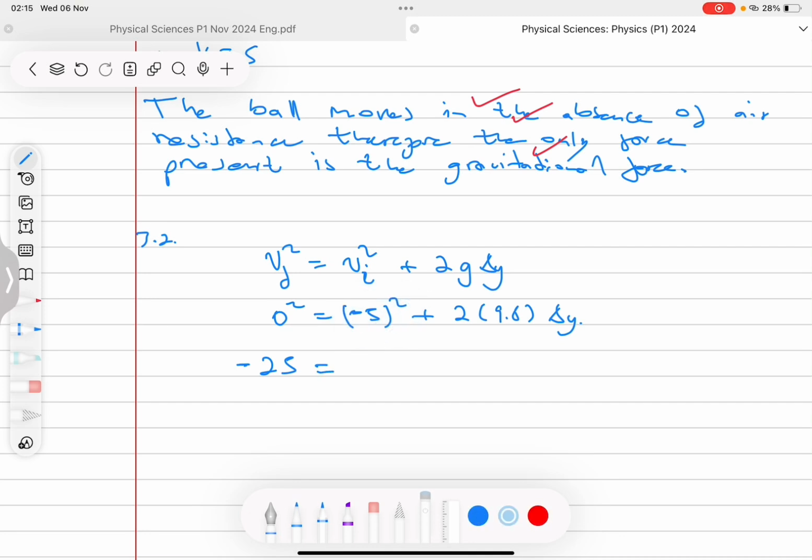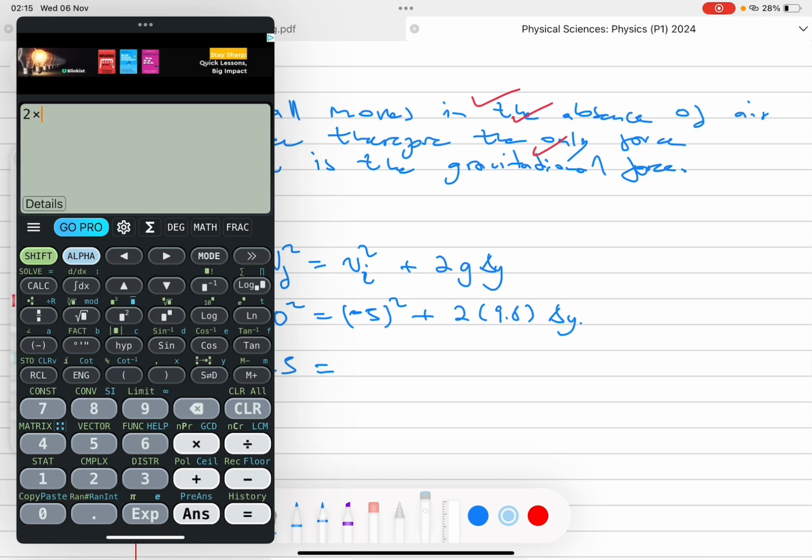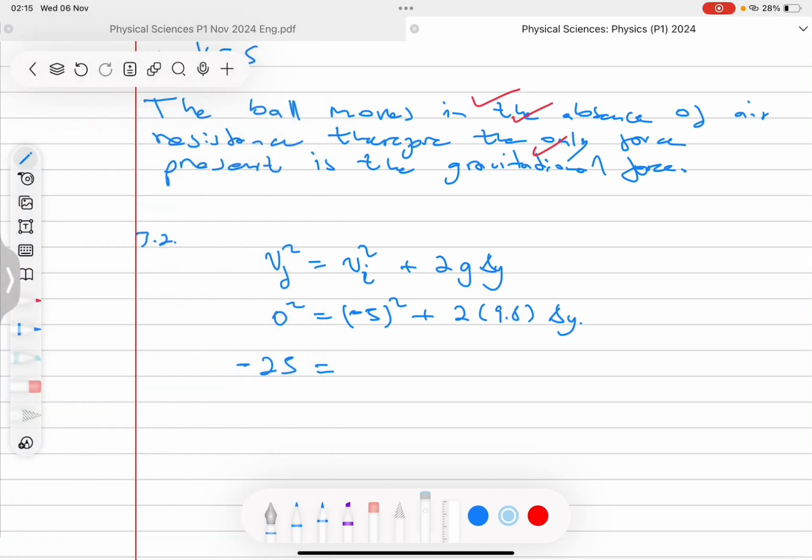So this side is just a 0, and I'm left with 2 times 9.8, which is equal to 19.5. So this one here gives me 19.5.